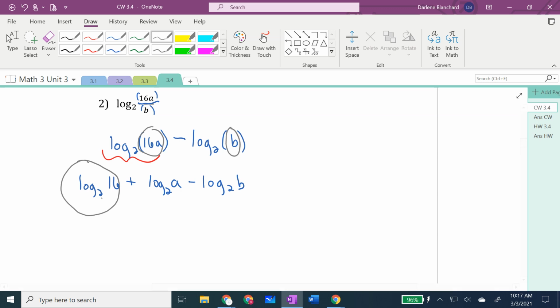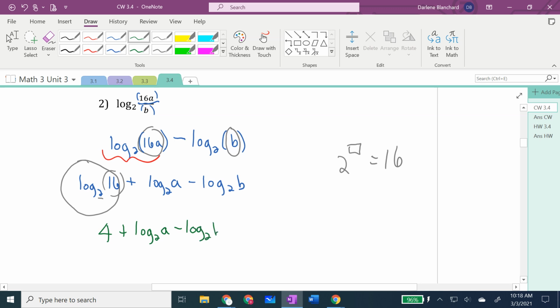You're looking at the answer to the logarithm is an exponent on 2, to the power of, where you get 16. So 2 to the power of 4 is 16. So that's now a 4. And then write the rest of the expansion. And that is now expanded and simplified.